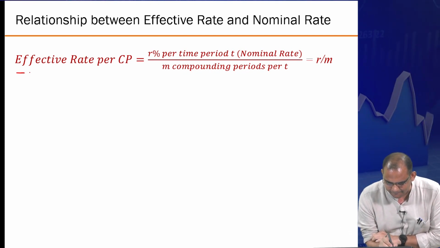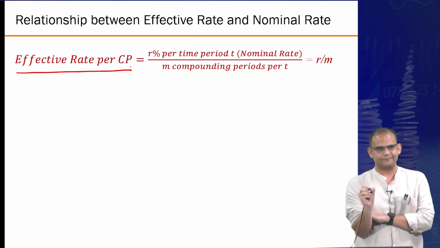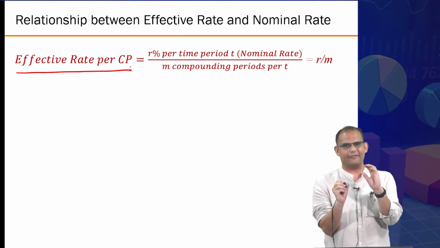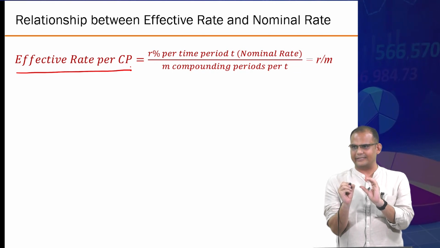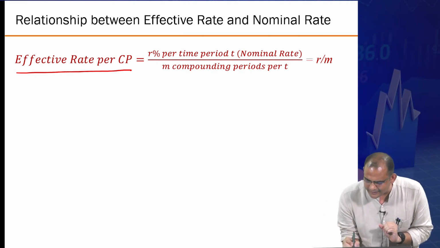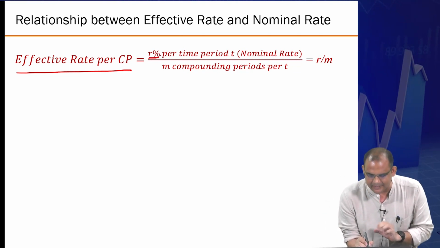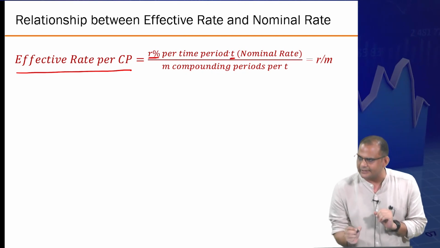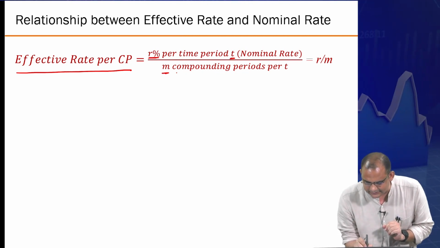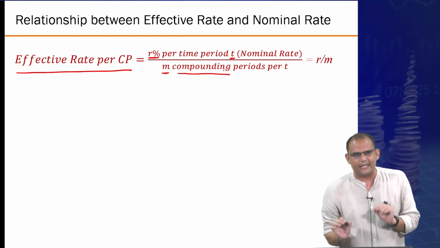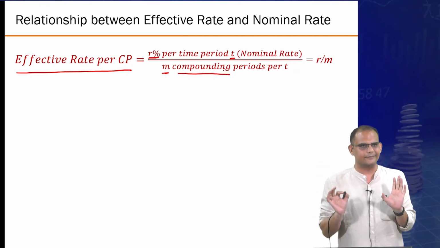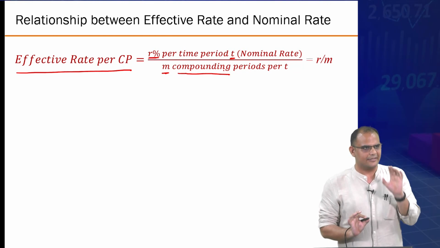Effective rate per compounding period is the nominal rate, which is whatever percentage per time period t, divided by m, the number of compounding periods in the time period t. I'll give you more examples.